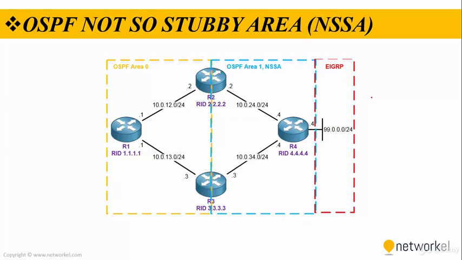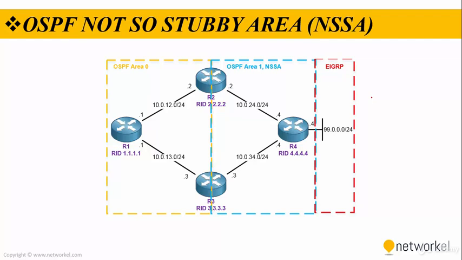OSPF NSSA allows the external routes outside the OSPF autonomous system to be advertised in the OSPF autonomous system. An ASBR is found in NSSA and external networks flood in NSSA with ASBR type 7 LSA.